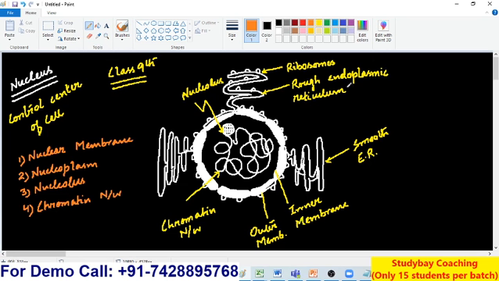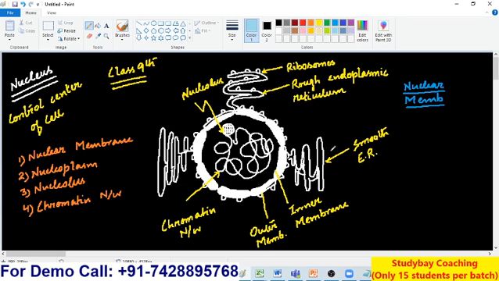So the first one is nuclear membrane. This nuclear membrane is also known as nuclear envelope, number one, right?